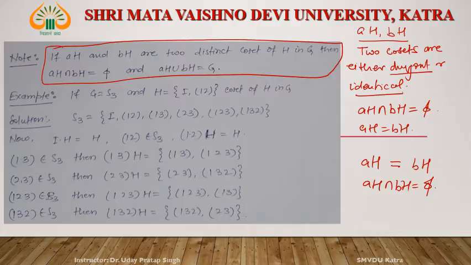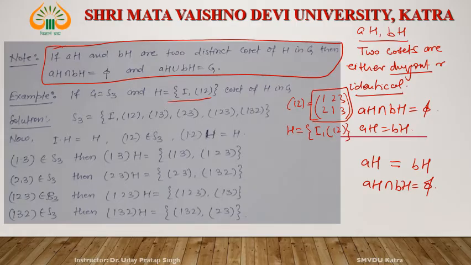Now form the cosets for S3 where H is given by I and the cycle (1 2). The cycle (1 2) means, as we already discussed, on 1 2 3, the image of 1 is 2, the image of 2 is 1, and the image of 3 is 3. This is the permutation. Then H contains two permutations: one is the identity and the second one is (1 2).